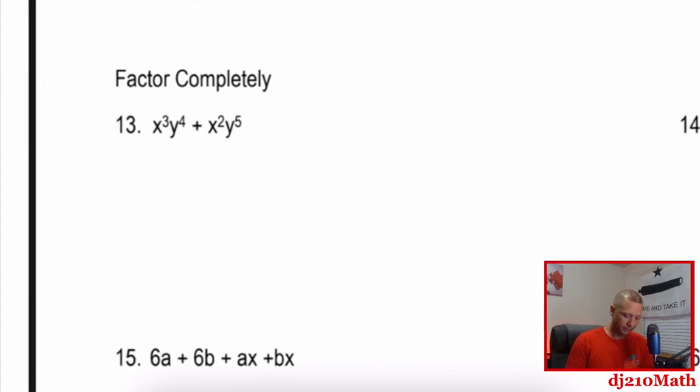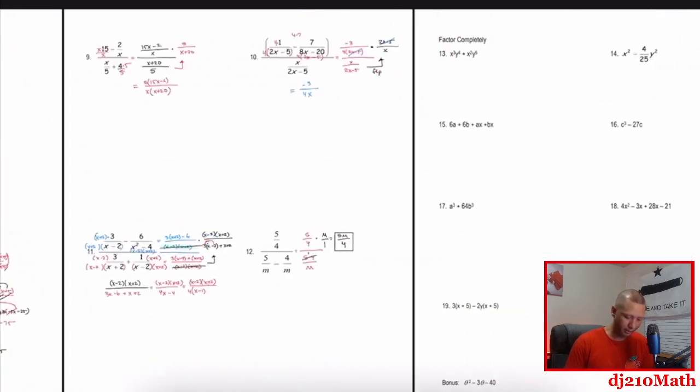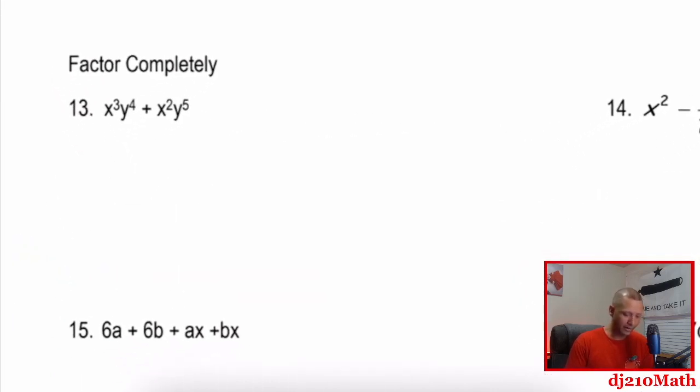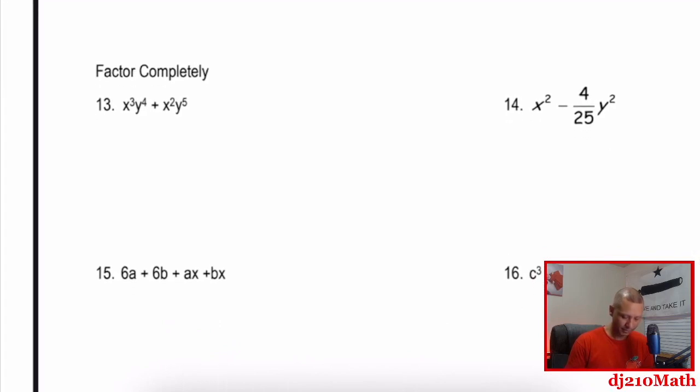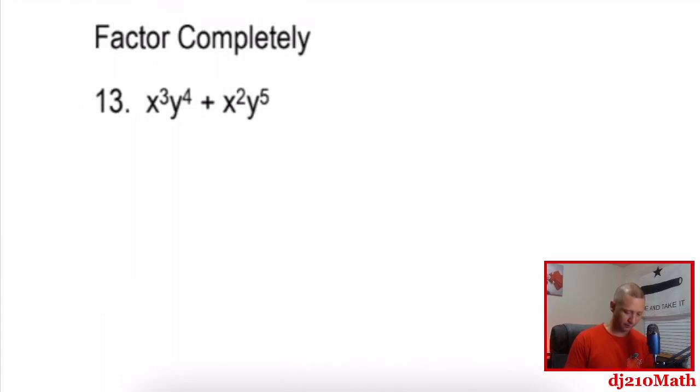Okay, so that concludes the adding and subtracting rational expressions. So here's some factoring that is useful. What is common to both the left and the right term? An x squared. Right, I can take out an x squared.